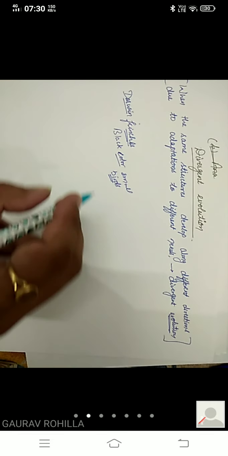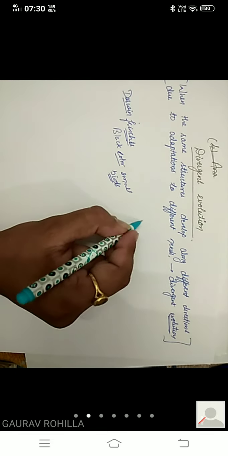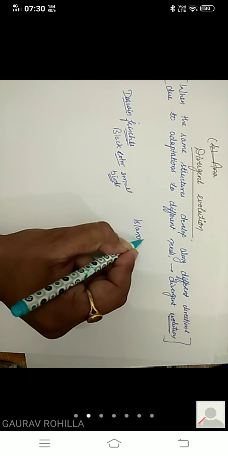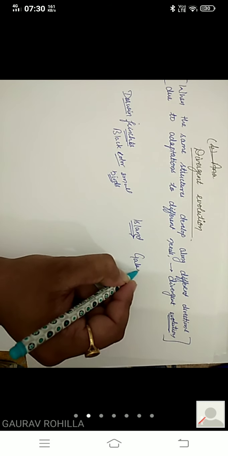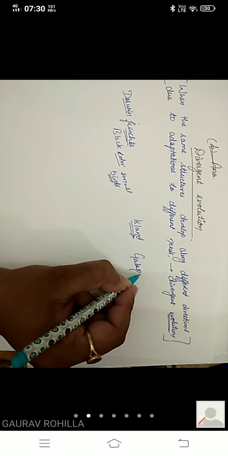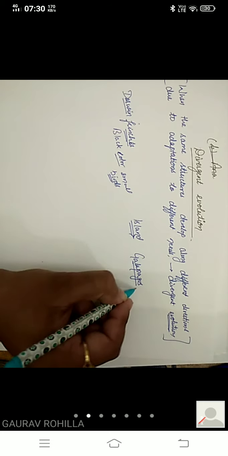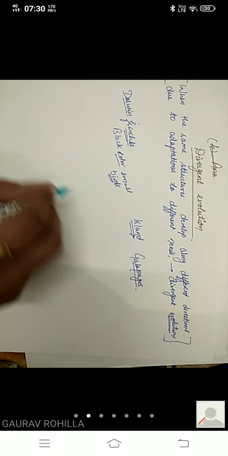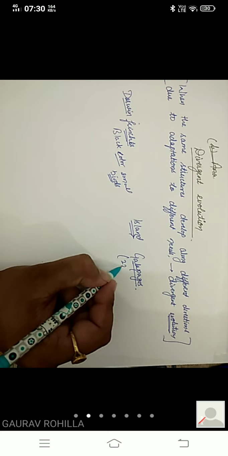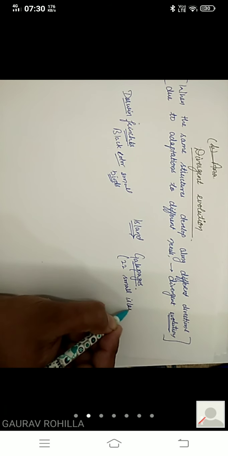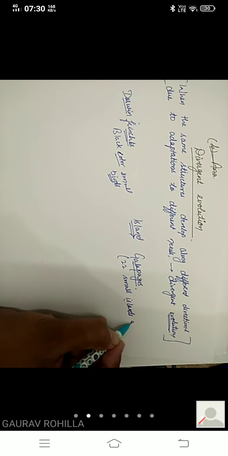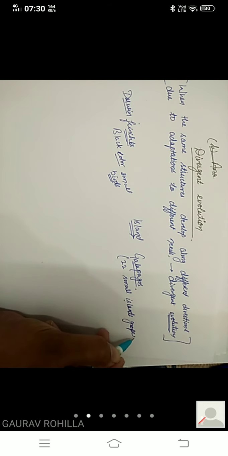Darwin went to an island, that is Galapagos, which is made up of 22 small islands, a group.